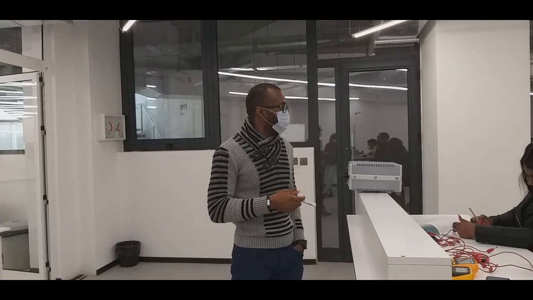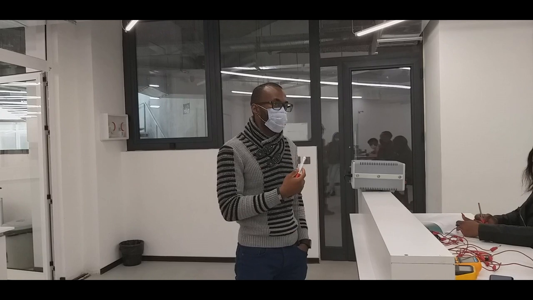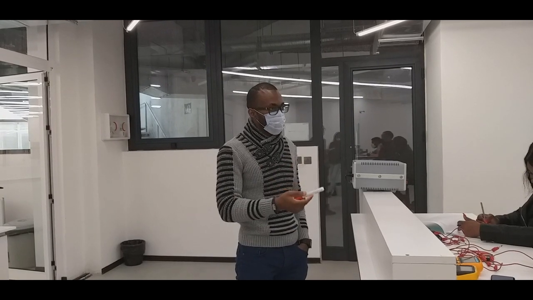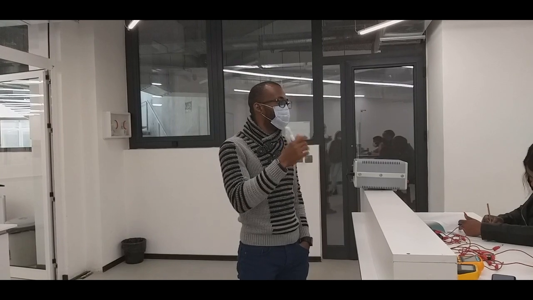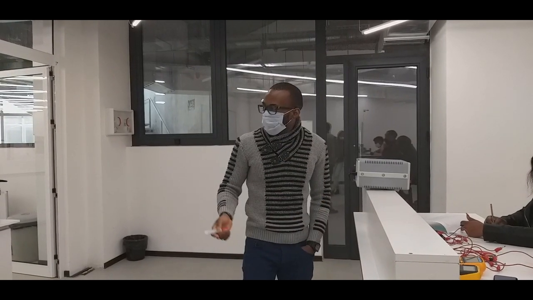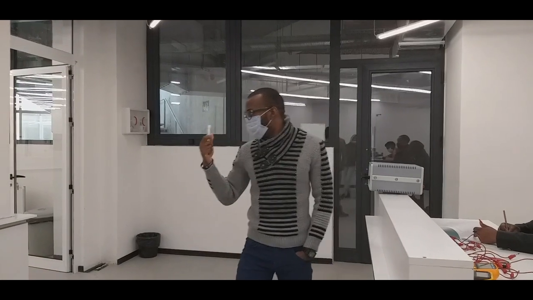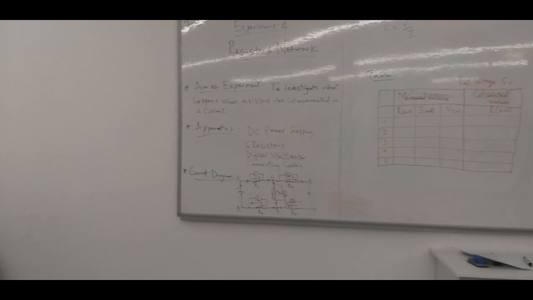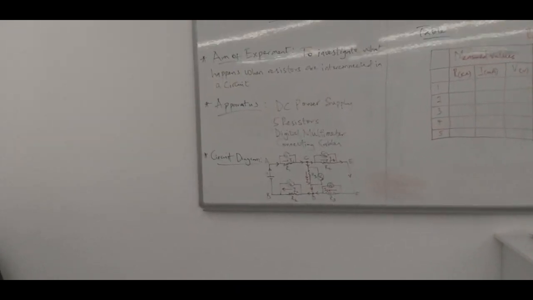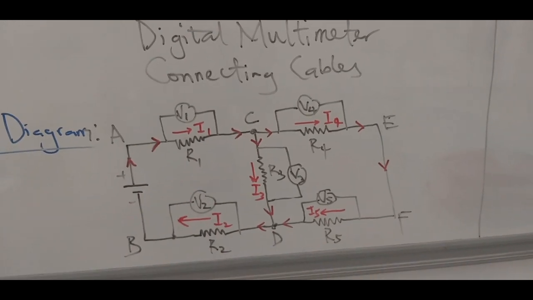But unlike those, we have more resistors this time around, and that's where the name Resistors Network comes from. The R1 we'll be having will be 9.89. We'll be measuring it. The same thing goes for R2, and then R3, R4, and finally R5.